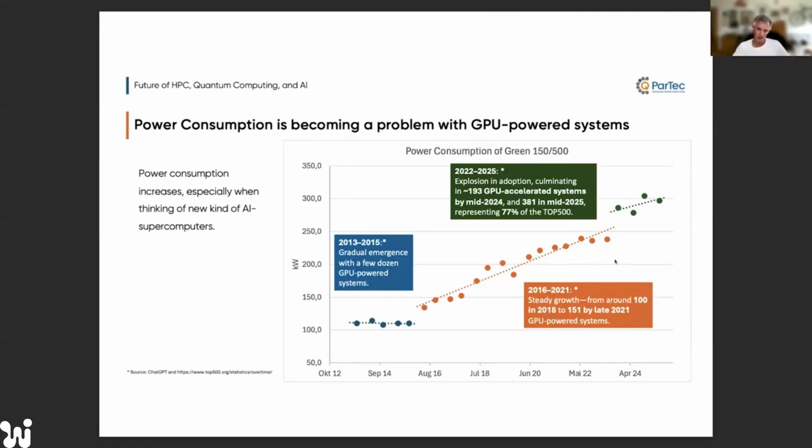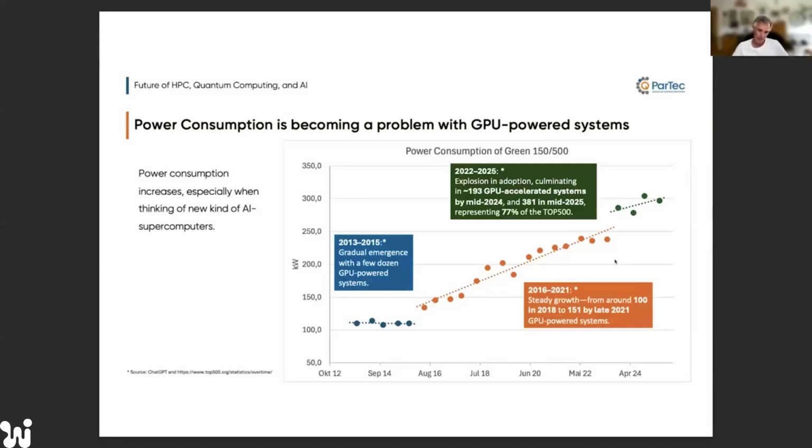So there is the power consumption of the Green500, but I only took the first 250 systems. The reason is that we do not have power consumption in kilowatts for all 500 Green500 systems over the complete years. So we started with the Green500 list around 2013.